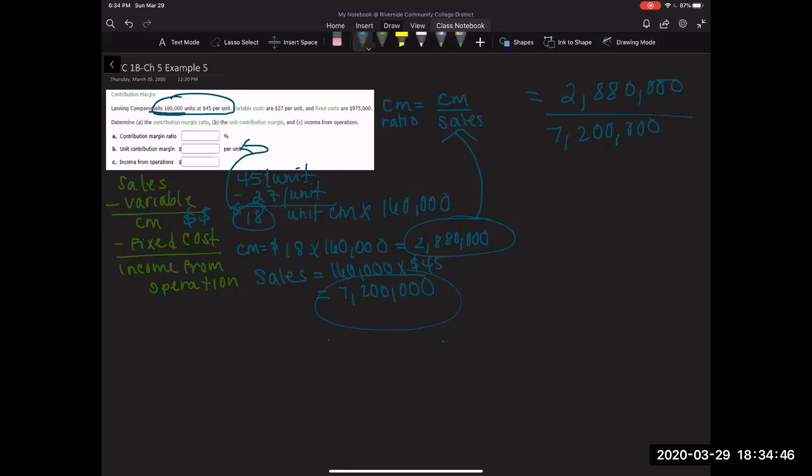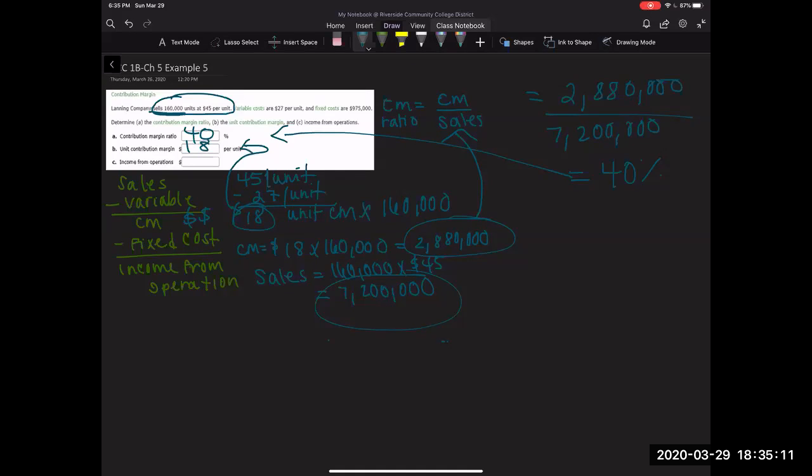If we did that calculation, we come up with 40% as our contribution margin ratio. So yeah, 40%, right? This one is $18 per unit.